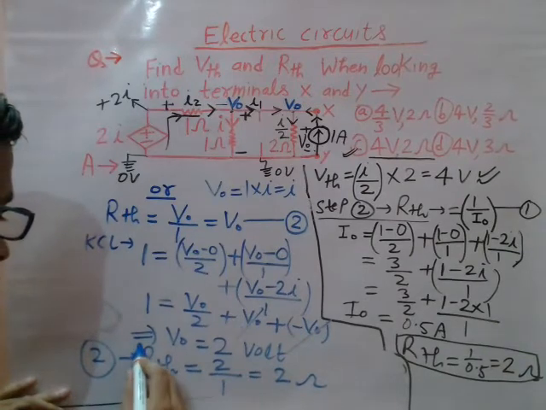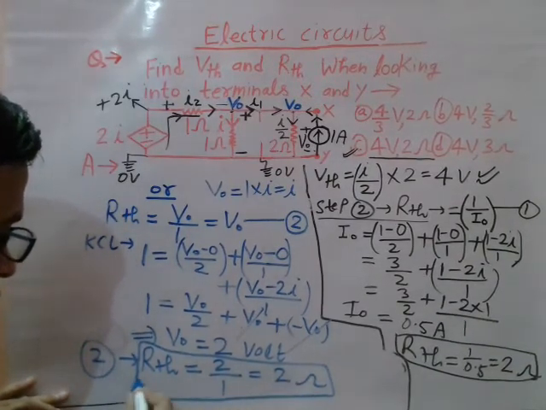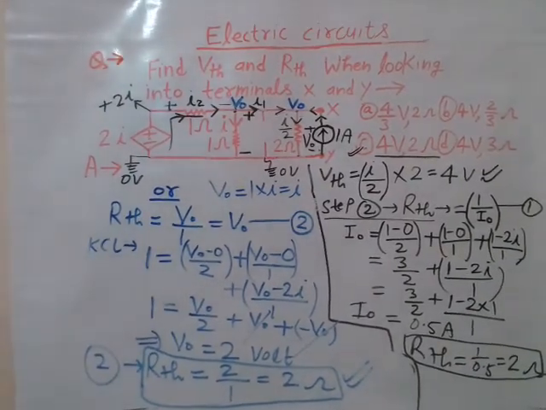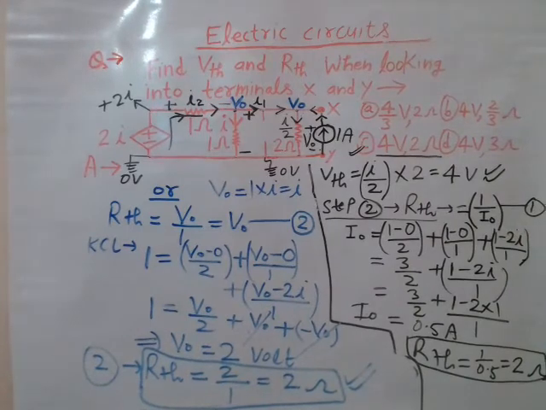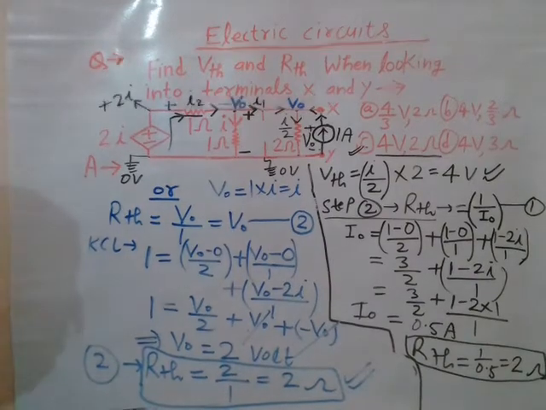So have you analyzed this? Have you looked at it? See this, V0, RTH is 2 ohm, right? So by taking a test voltage source or test current source, you have now calculated the Thevenin's resistance, right?